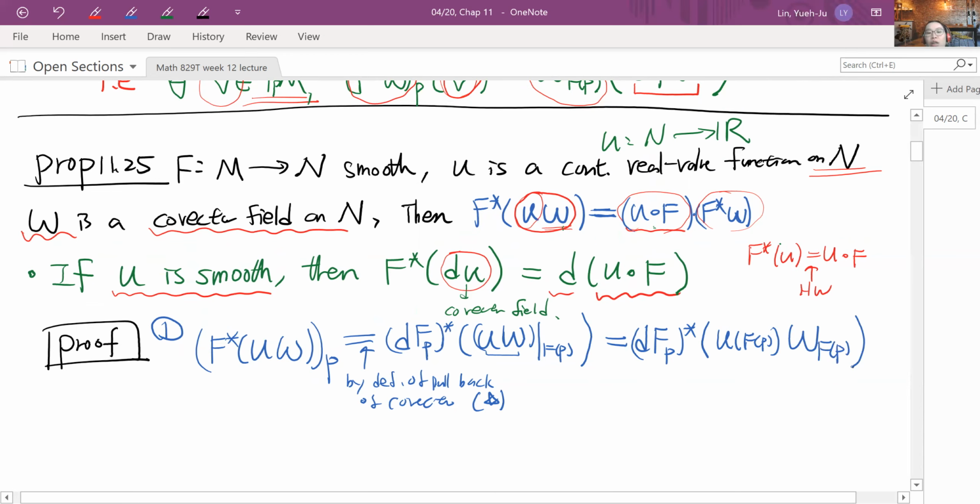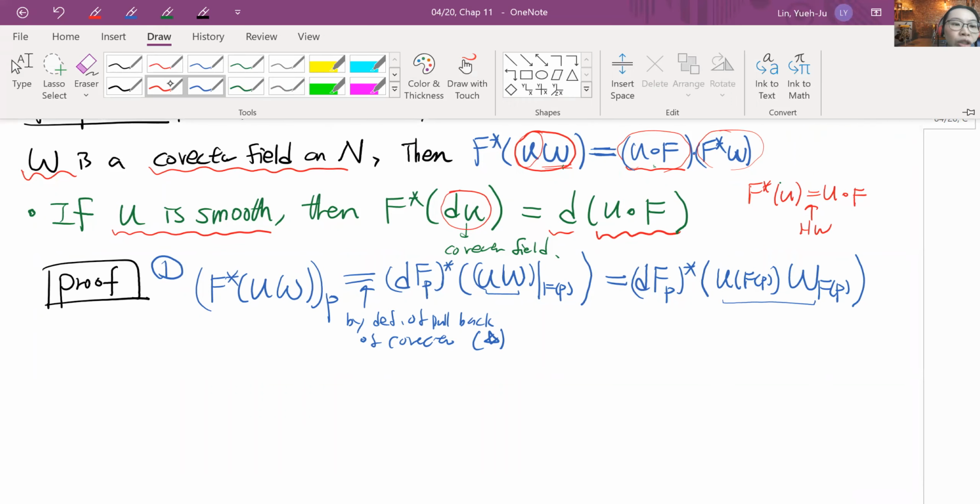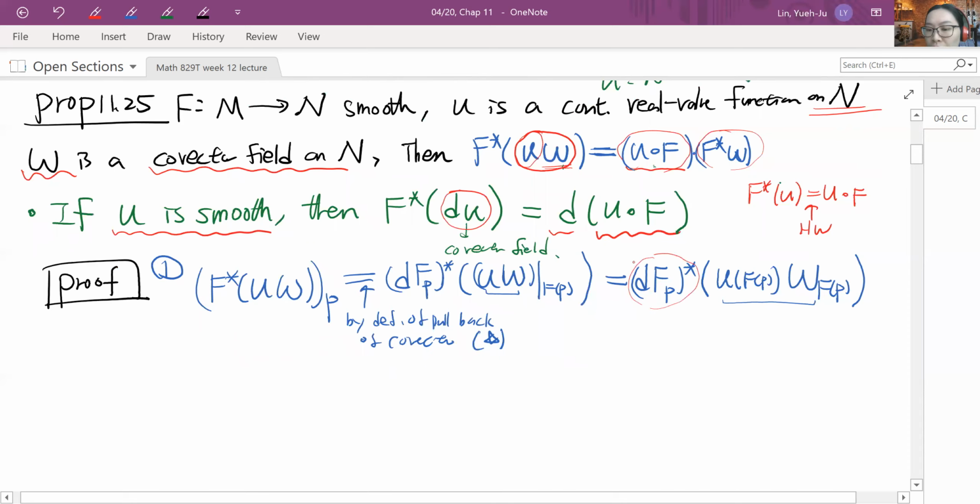I just expand the notation here. Now I want to pull back this covector. If you notice, this dual map is a dual map of a linear map, and you can check by our definition that it's linear.